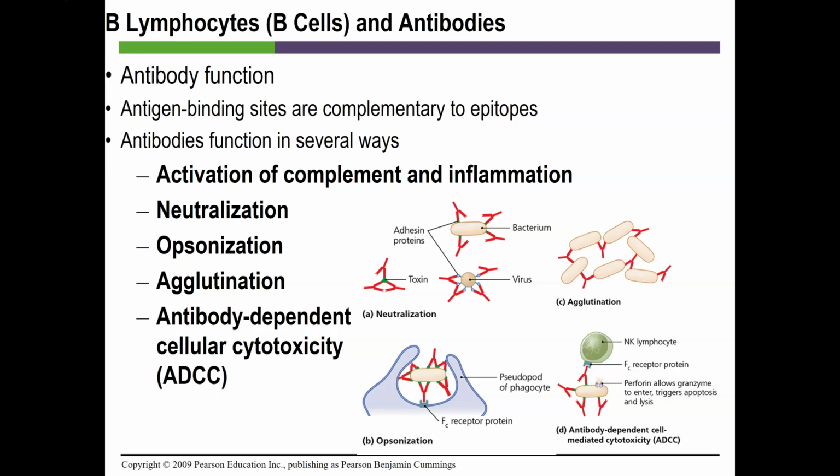We will talk later about the perforin and granzymes that cause a cell to undergo cell death, which is one possibility of this activity of NK cells. Killing of antibody-coated cells by NK cells is known as antibody-dependent cellular cytotoxicity, or ADCC. ADCC is mediated by the NK cells.